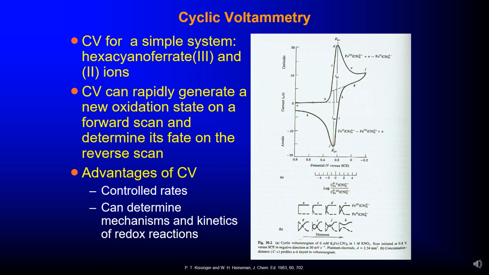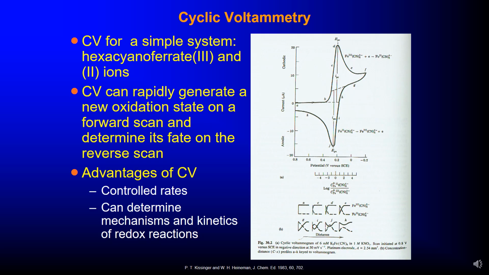So for a simple system, hexacyanoferrate 3 and 2 ions, you can rapidly generate a new oxidation state on a forward scan and determine its fate on the reverse scan. So the advantage of cyclic voltammetry is it has control rates, and can determine the mechanism and kinetics of redox reactions.